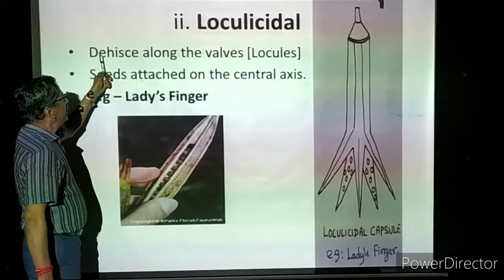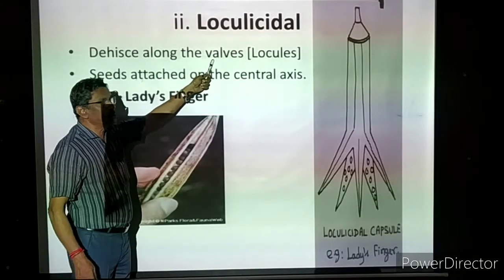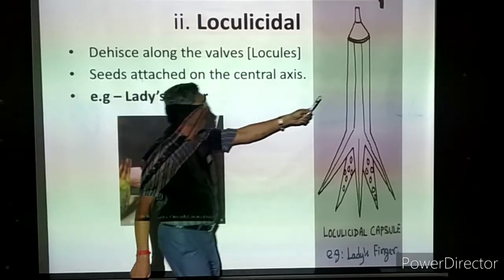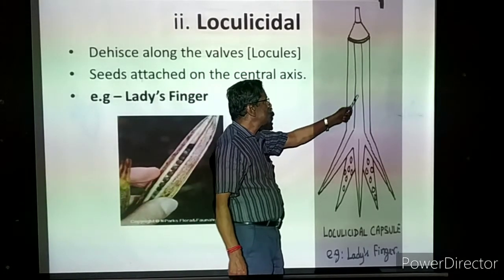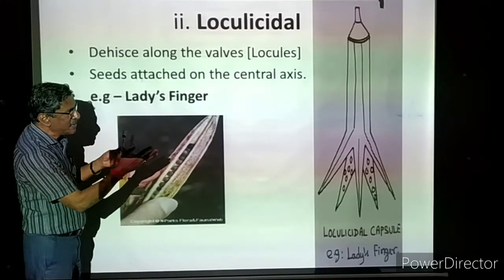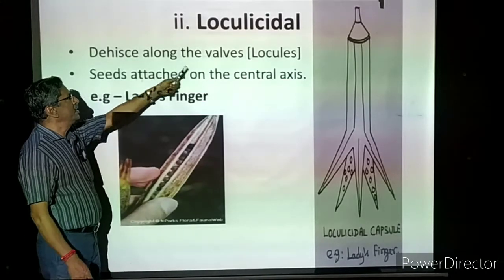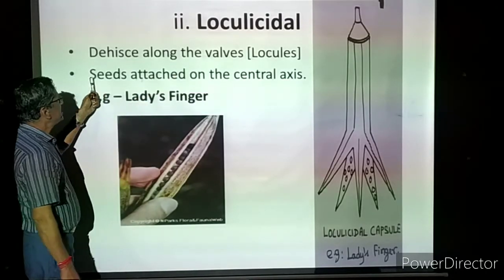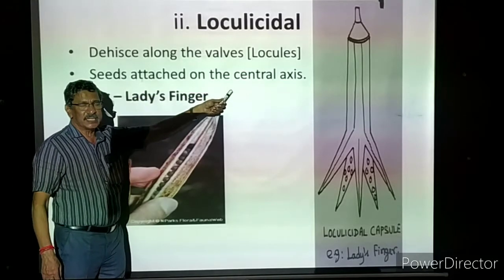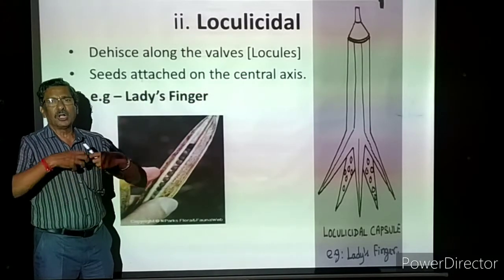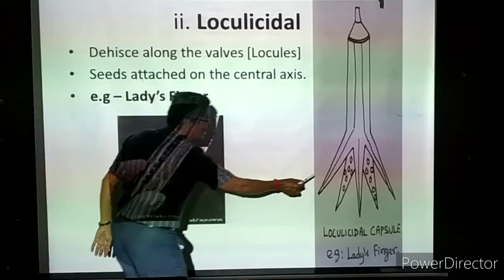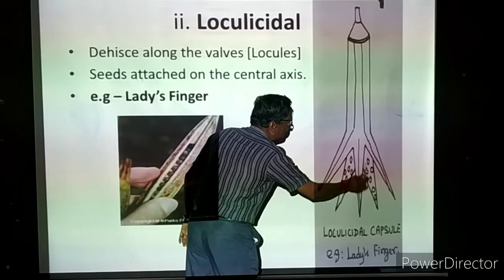Dehiscing along the valves means the middle of the side wall of each one. Totally 5 sides, so at the center of each side. That is called a valve. On drying, all the seeds are falling down because everywhere it is opened.